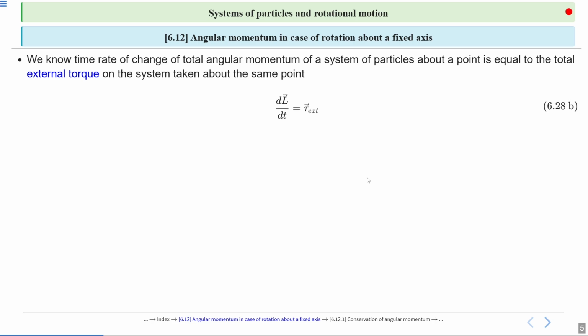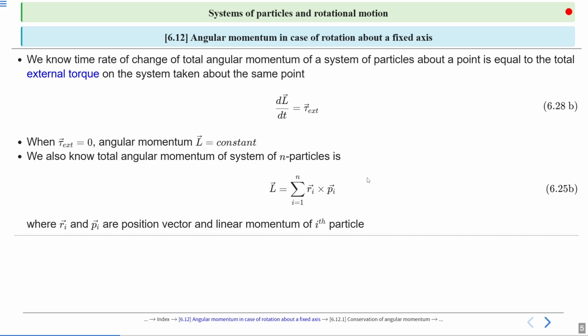So mathematically, the rate of change of angular momentum is equal to the net external torque. Where tau external is equal to 0, because the net external torque on the system is 0, in that case the angular momentum is constant.